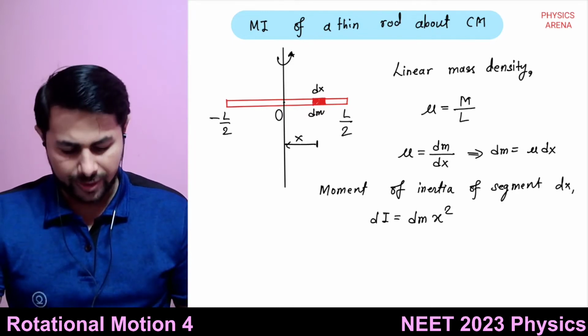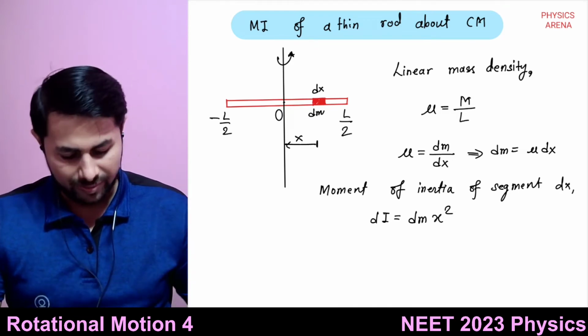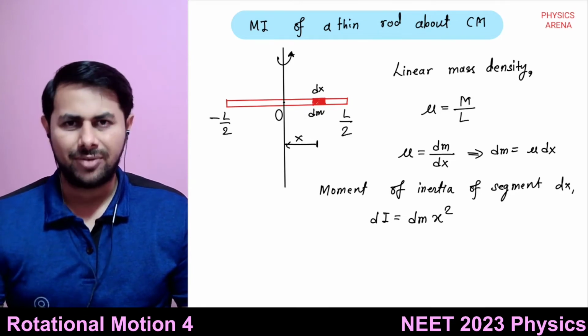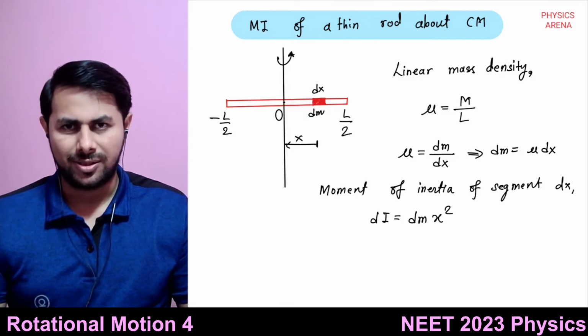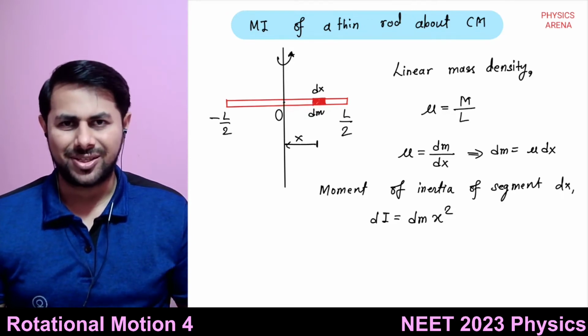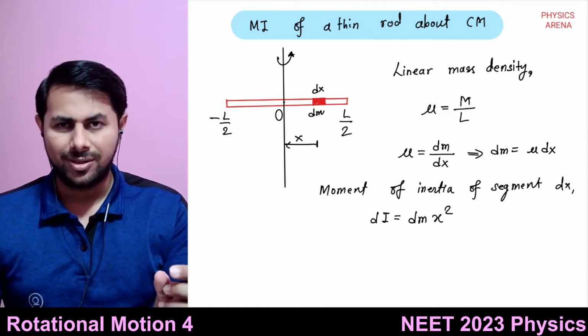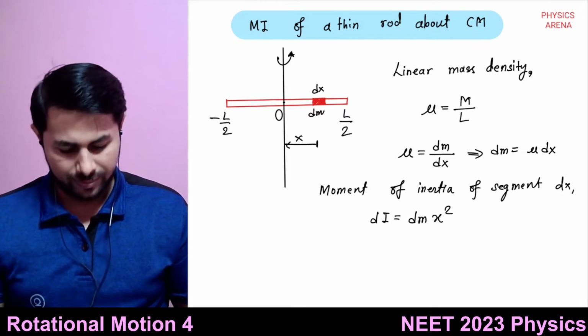Okay, so see here we have two variables. One is the mass of the segment, and the other variable is the distance of the segment from the axis of rotation. Both of them can change. If you consider a small segment, its mass will be small. If you consider a large segment, its mass will be more.